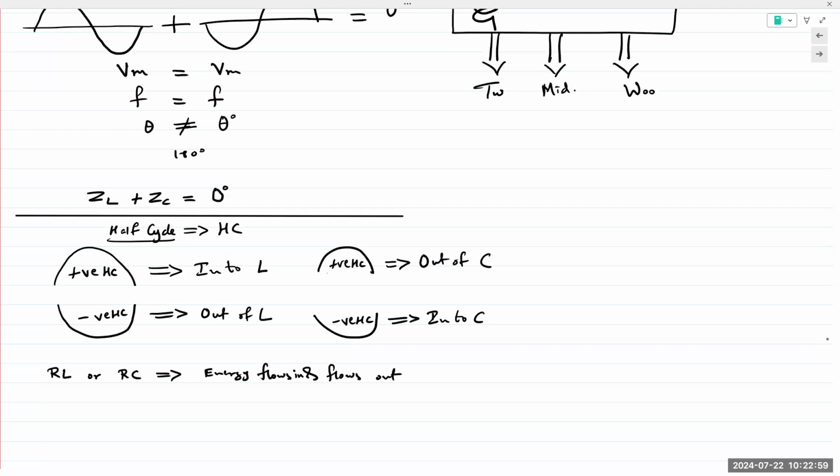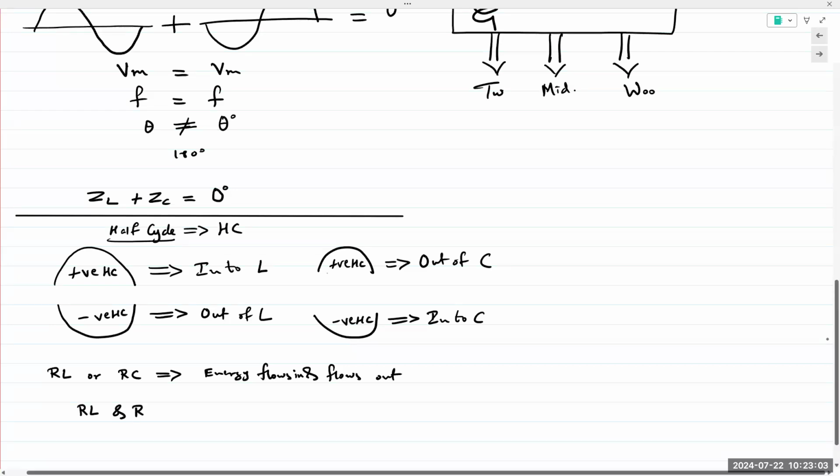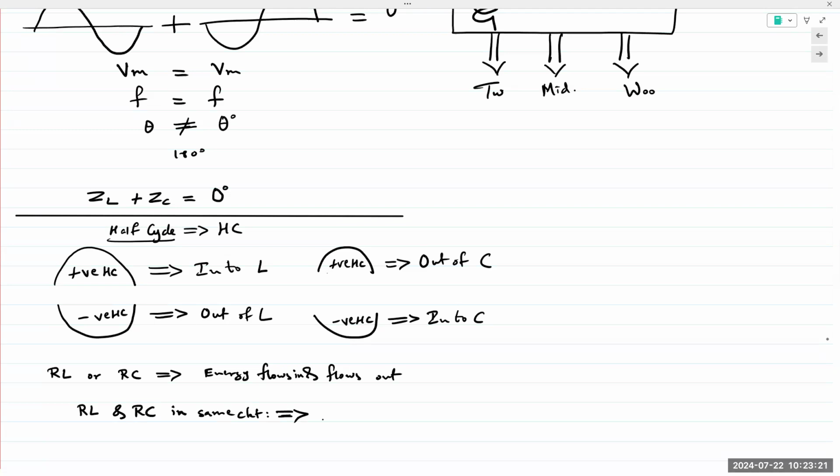But let's say you have both the inductor and the capacitor in the same circuit. What happens then? Let's say when the switch is first flipped on, the voltage supply is connected to the circuit.